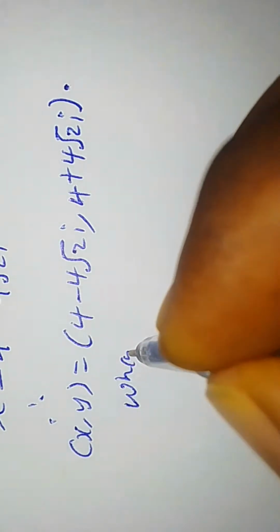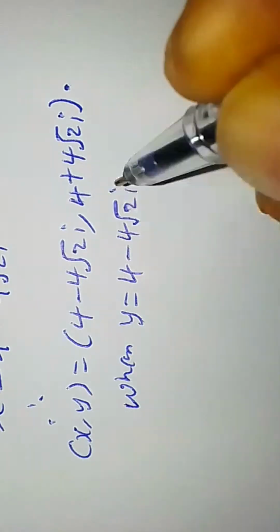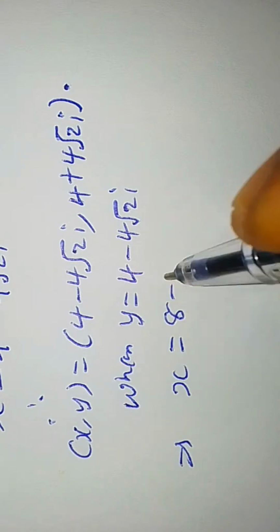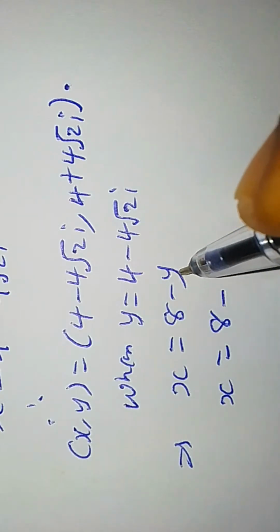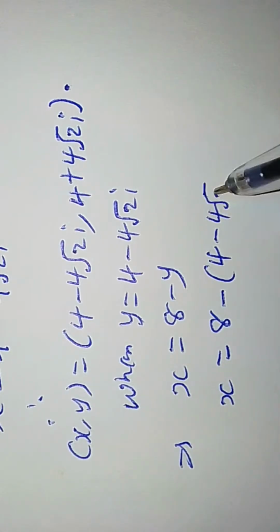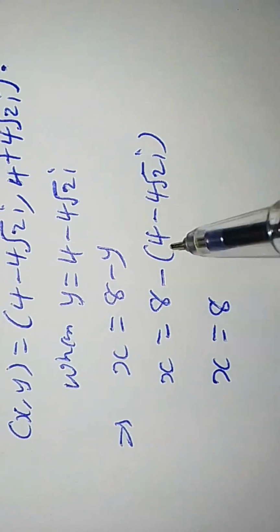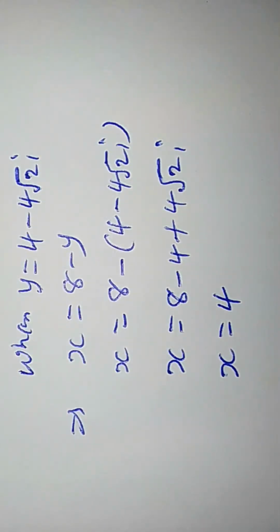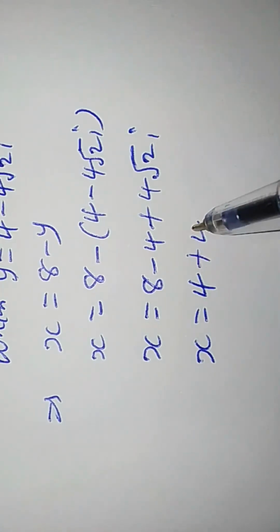When y is equal to 4 minus 4 root 2 i, this means that x is equal to 8 minus y. So we have x equal to 8 minus, in place of this y, we just write 4 minus 4 root 2 i. x equal to 8 minus times 4, that is minus 4, minus times minus, opposite further, we have plus 4 root 2 i.